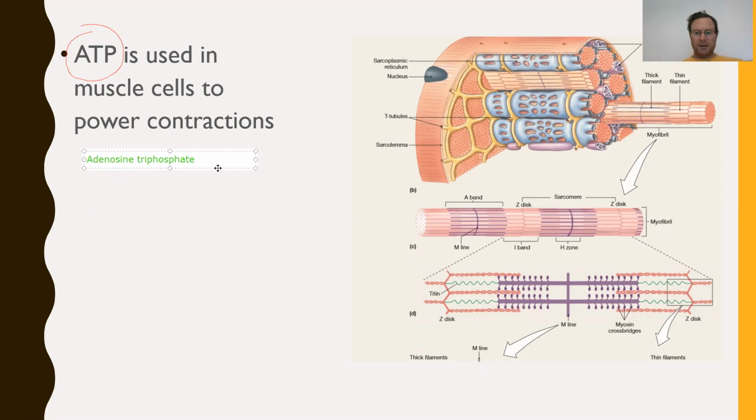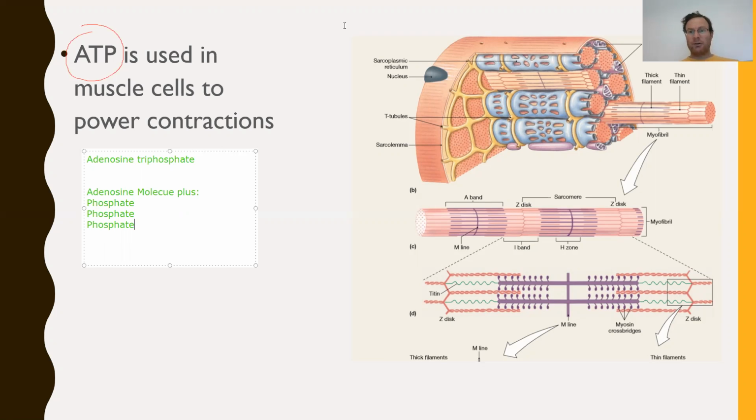Sounds complicated. So that is made up of one adenosine molecule plus how many phosphate molecules? Three phosphate molecules. So three, adenosine triphosphate. So we have an adenosine molecule and 3 phosphate molecules.